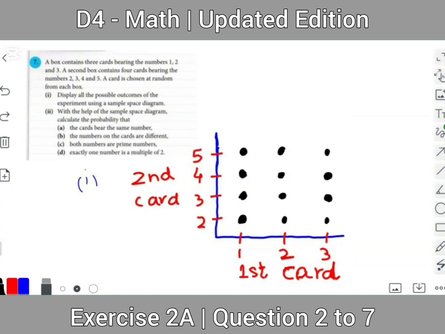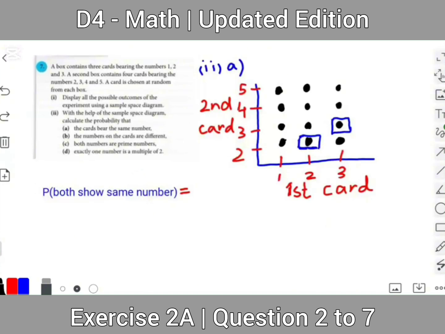For 1, 5, we have this dot. And similarly, we will draw the dots for every ordered pair. So this was the sample space diagram for the first part.